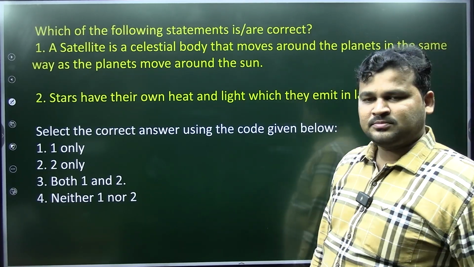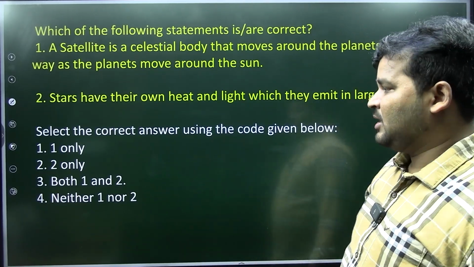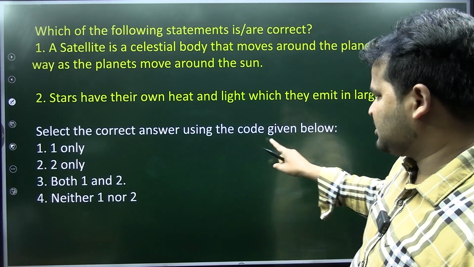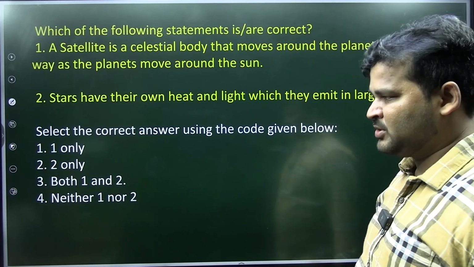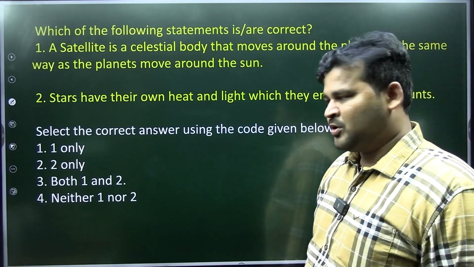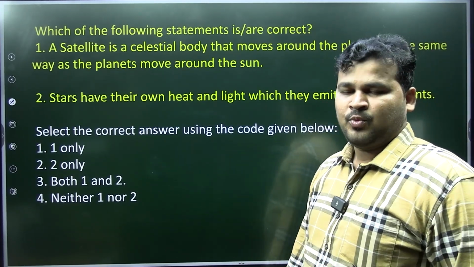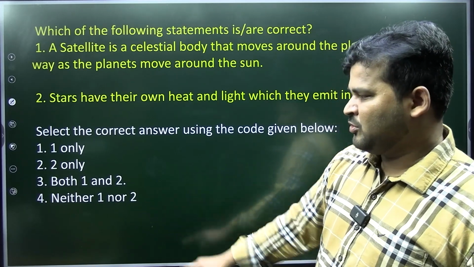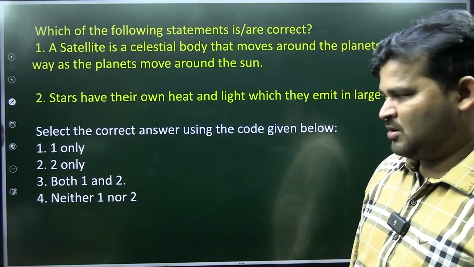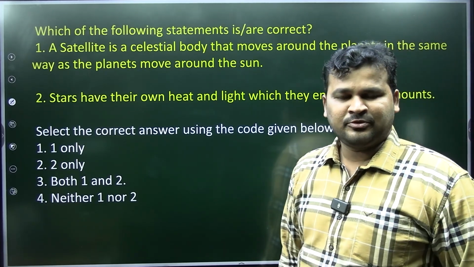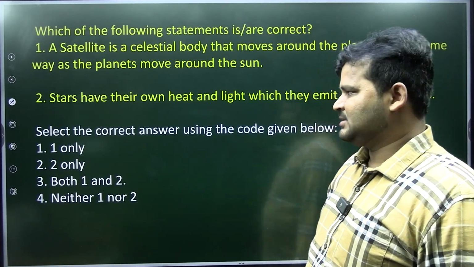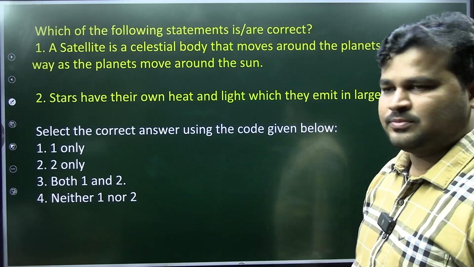Are they true or false? Select the correct answer using the code given below: 1, 1 only; 2, 2 only; 3, both 1 and 2; 4, neither 1 nor 2. What is the answer for this question? Here the answer is both 1 and 2.